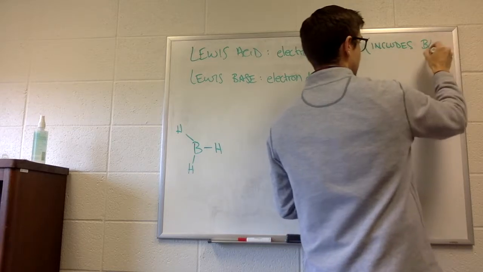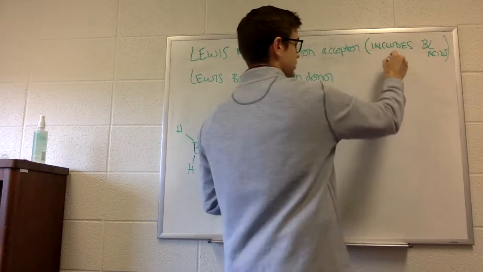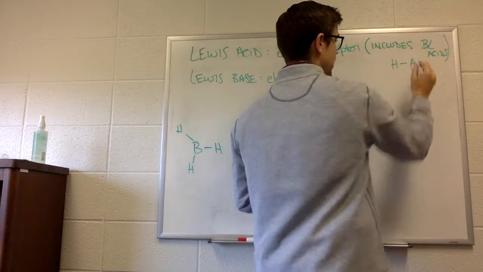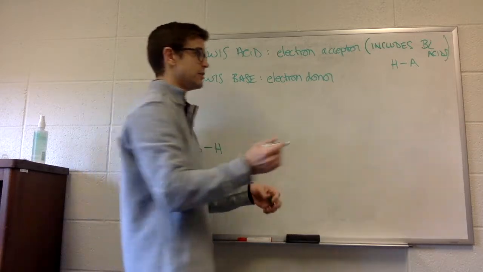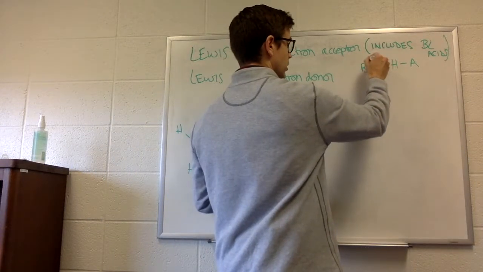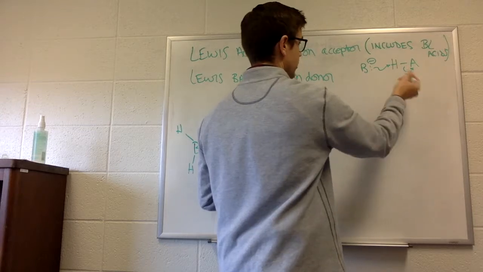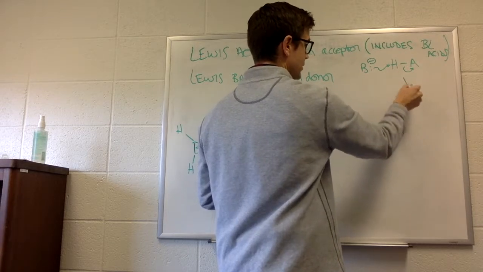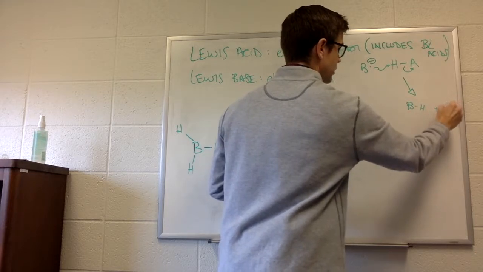In this case, a Bronsted-Lowry acid would be HA, and in an acid-base reaction, a base will deprotonate the acid to form BH plus A minus.